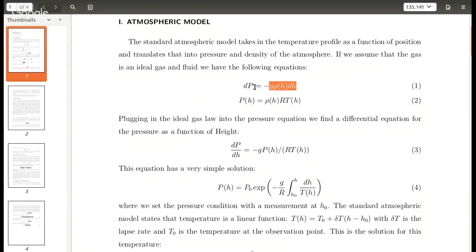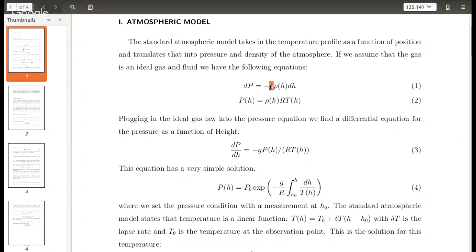Yes, because as we know, if you go into a non-gravitational situation, as on the ISS, we can see what happens to water, and there is no buoyancy at all involved. If you blow air into the middle of a water sphere you get strange effects. Basically, this equation tells me the change in pressure as I go up in height, and it's related to the density and to g, the acceleration due to gravity.